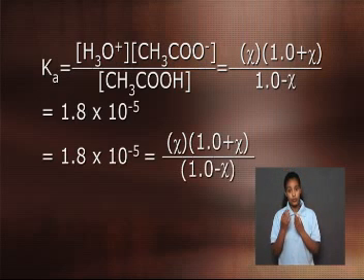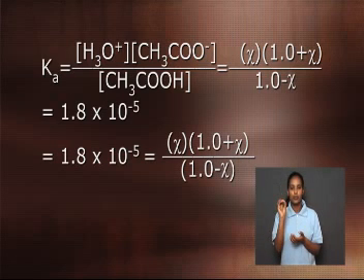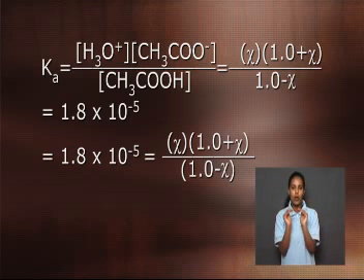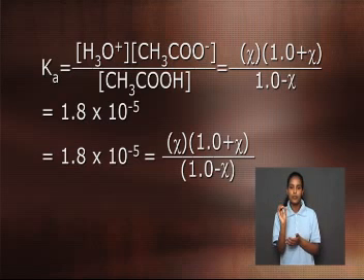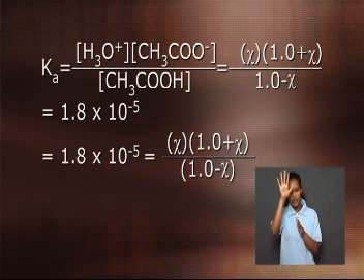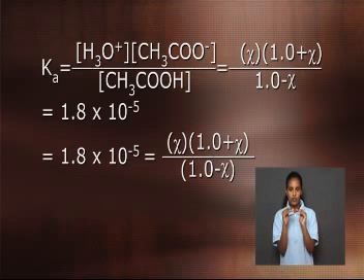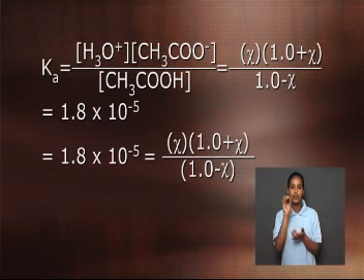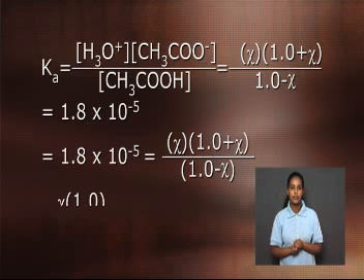If we assume that 1.0 plus X is approximately equal to 1.0 and 1.0 minus X is approximately equal to 1.0, then we come to this conclusion. 1.8 times 10 to the power of negative 5 is equal to X times (1.0 plus X) divided by (1.0 minus X).